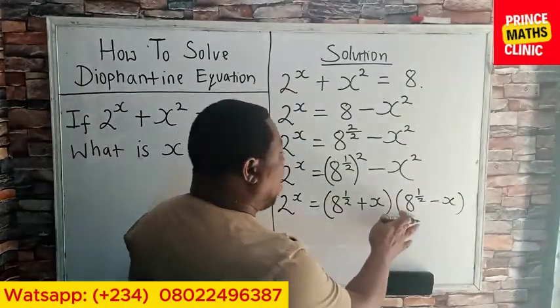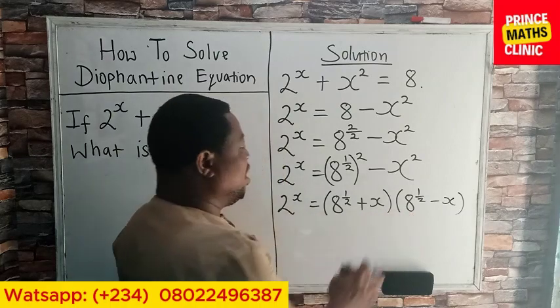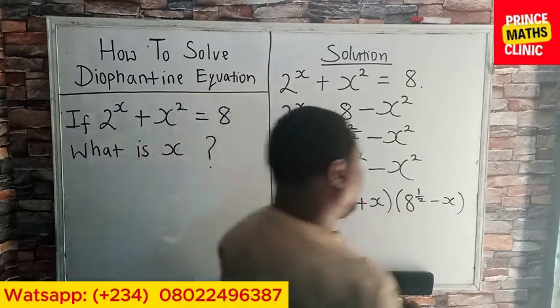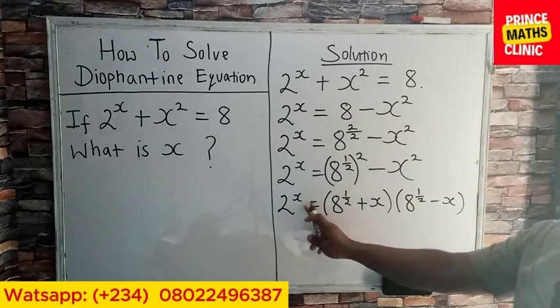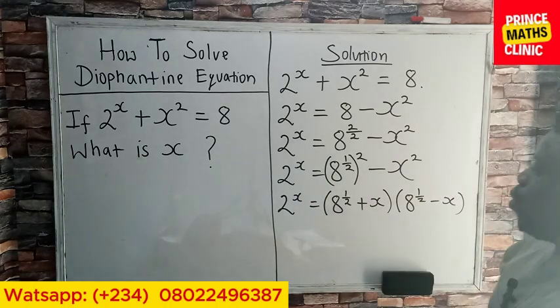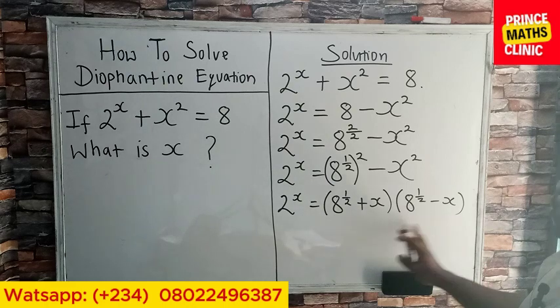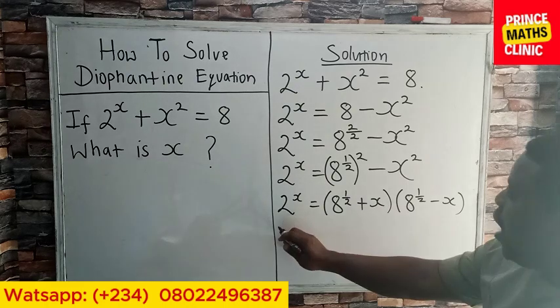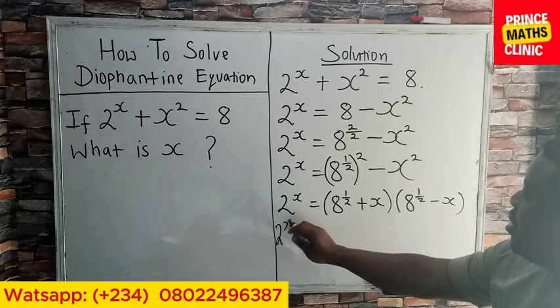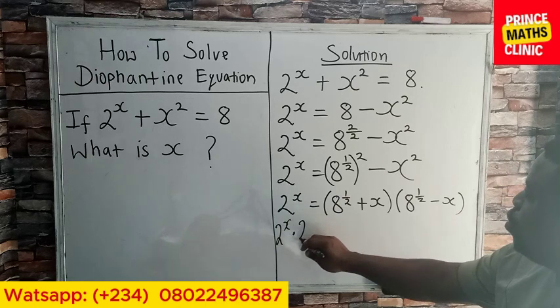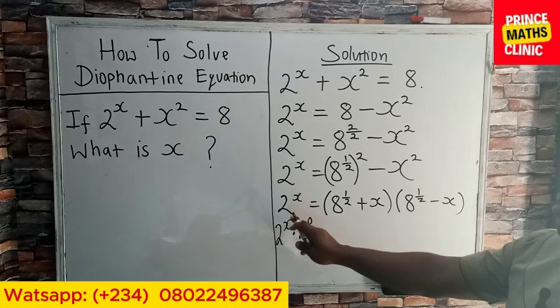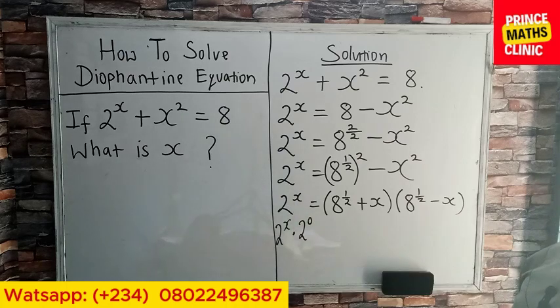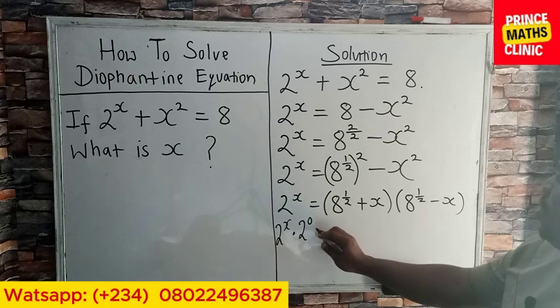Now, I cannot apply the product rule here unless I create another term here. I need to create another term for this equation to qualify to use the product rule. So I would call this 2 to the power of x multiplied by 2 to the power of 0. 2 to the power of 0 is the same as 1, so that my equation will still remain 2 to the power of x at the left hand side.